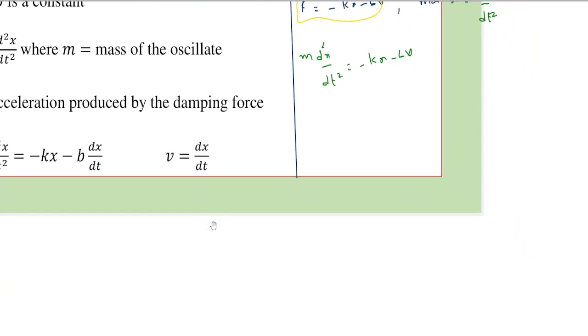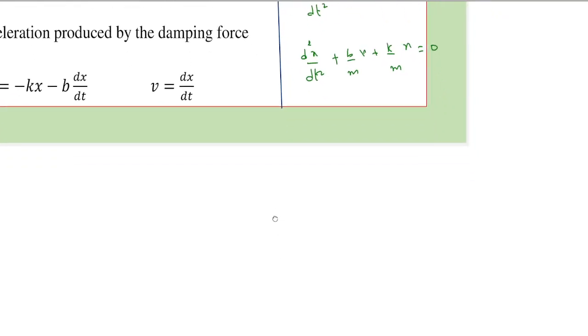We'll bring the terms to this side. Then we get d square x by dt square plus b by m into v plus k by m into x is equal to 0. So m is brought down and the two terms are brought to this side. This is what we get.